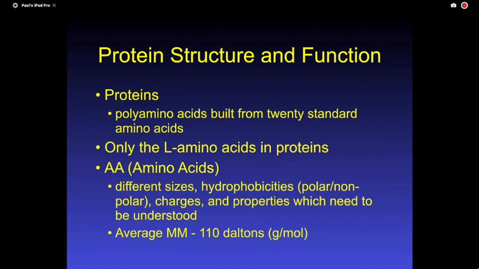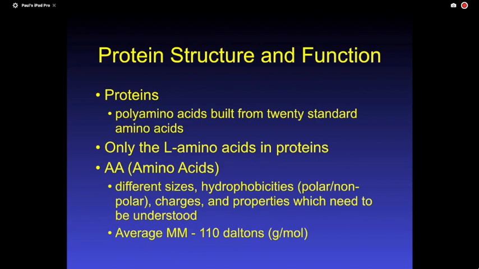All right. Amino acids are very important because they have different sizes, shapes, and the properties that they bring in terms of hydrophobicity, how hydrophobic it is, whether it's polar, whether it's charged or not. And these side chains are what's going to give the protein function.